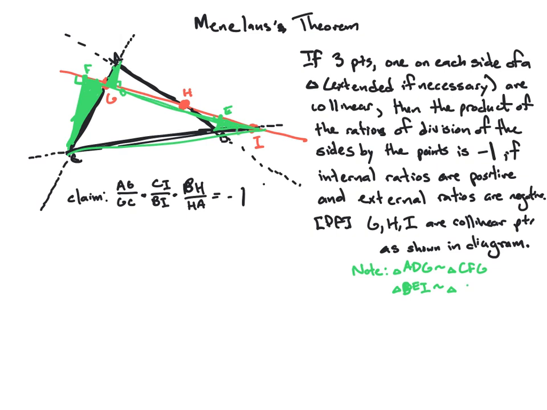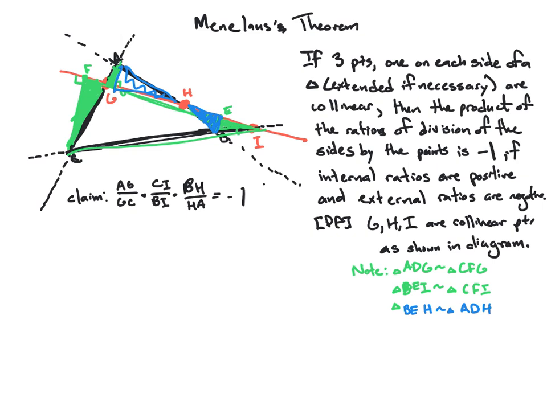So triangle CFI. And finally, if we look at triangle BEH, this triangle right here, it's similar to this triangle right here. So triangle BEH is similar to triangle ADH.